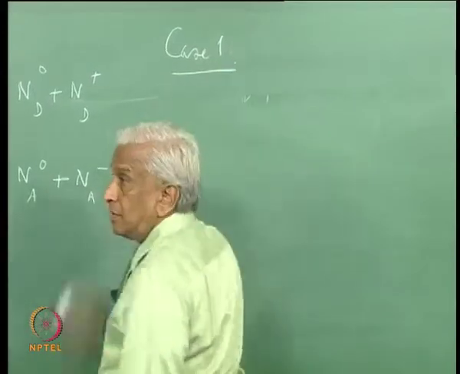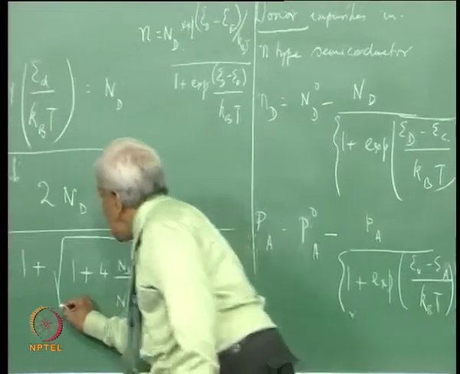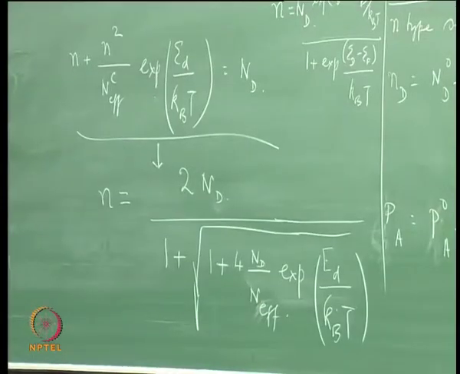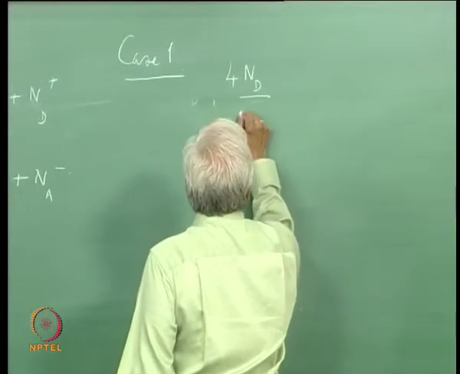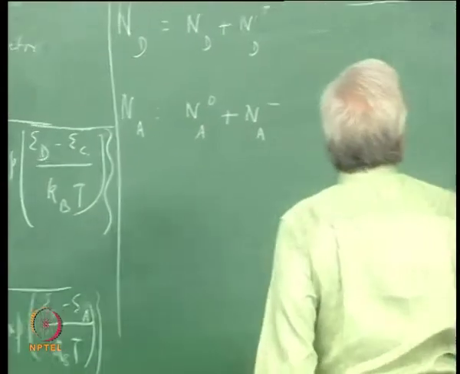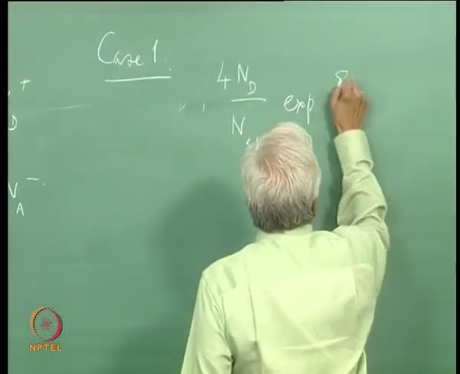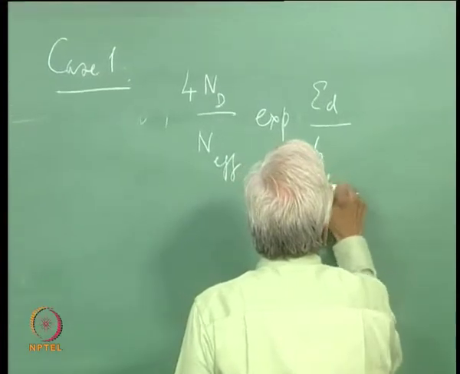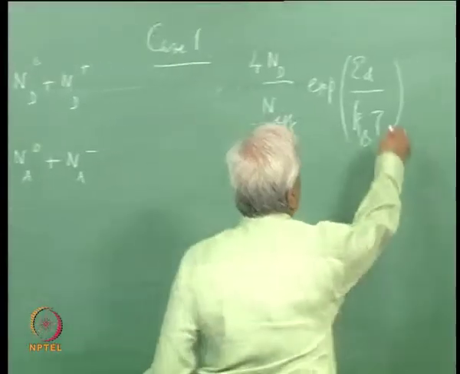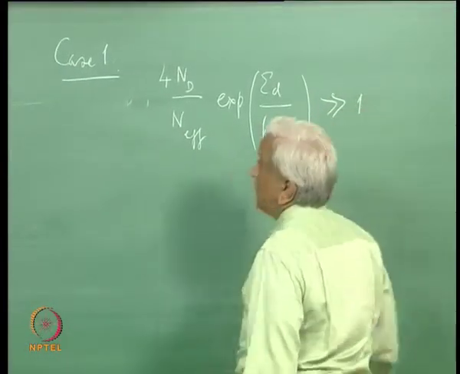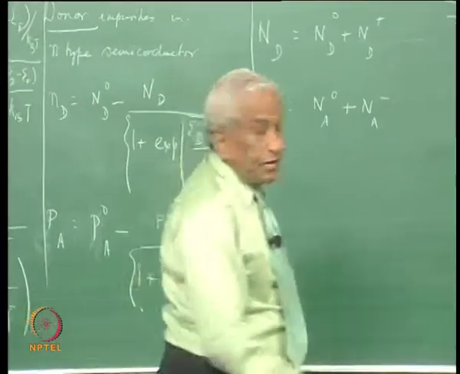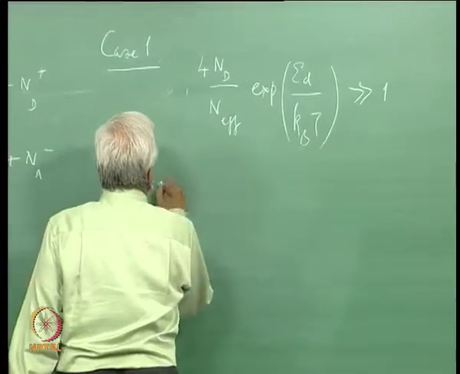Case 1, when this quantity under the square root sign, 4 N_D by N effective exponential E_D by k_B T, is very large in comparison to 1, then I can ignore this and write this in terms of, this is the so-called carrier freeze-out region.